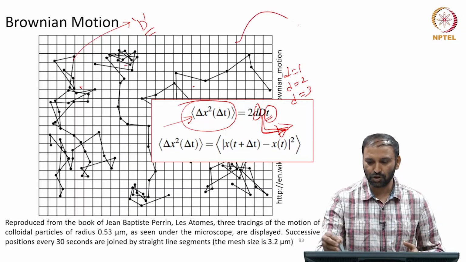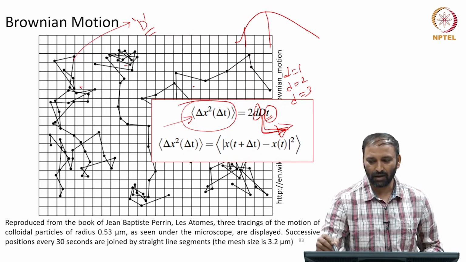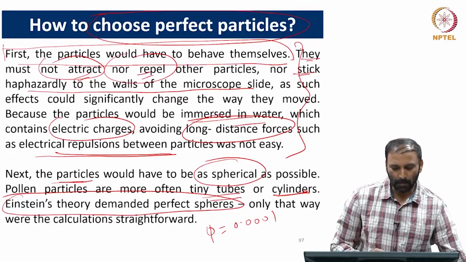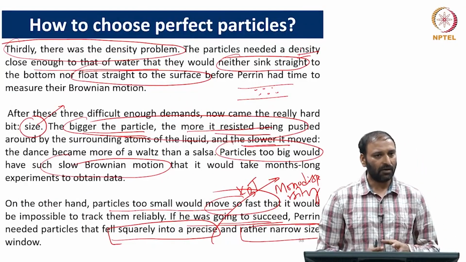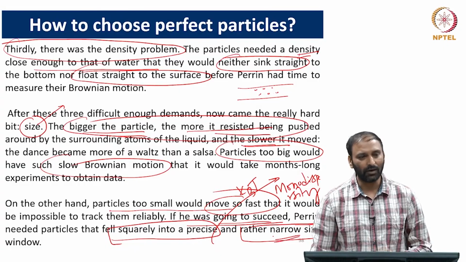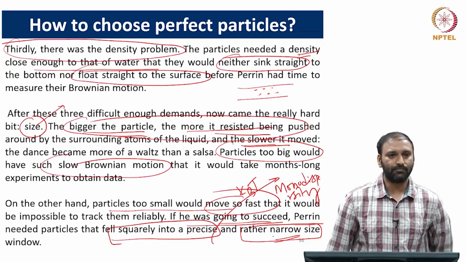If the size distribution is too broad, the result depends on whether the particle is small or the average. So he really needed to choose particles of a particular size, and they also have to be as narrowly dispersed as possible. Okay.